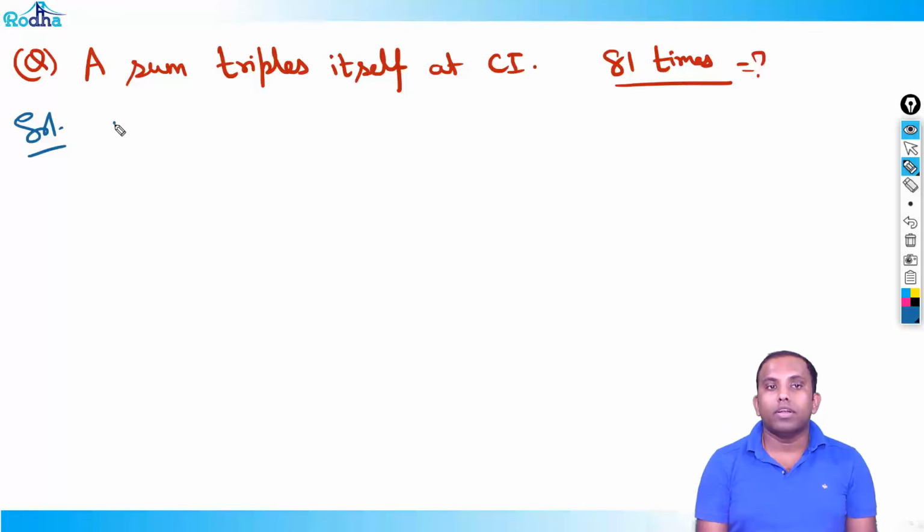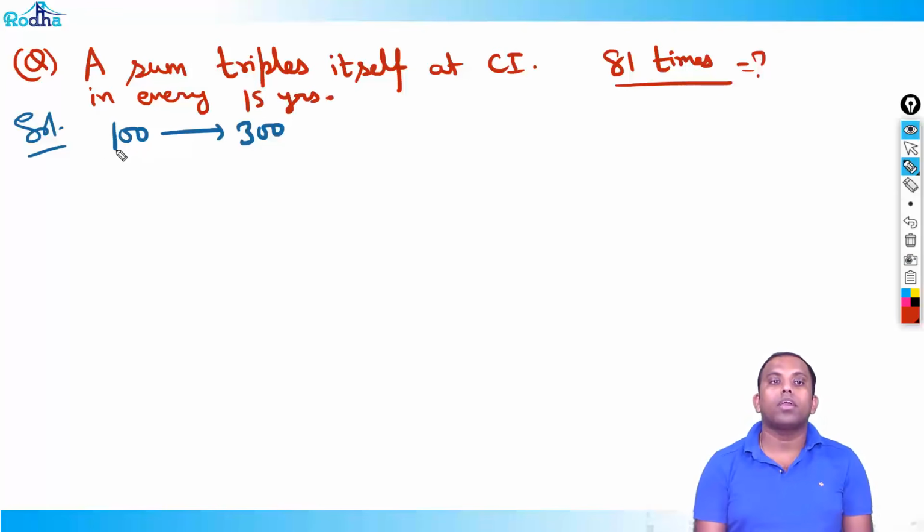So let's just start with 100 now. In CI it becomes 300. Sorry, a sum triples itself at CI in every 15 years. In how many years will it be 81 times of itself?